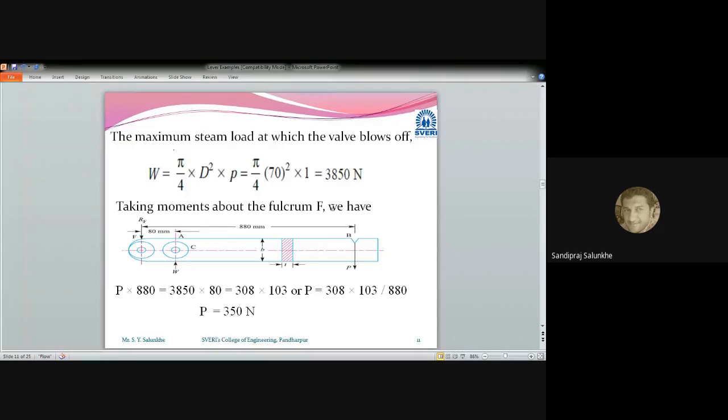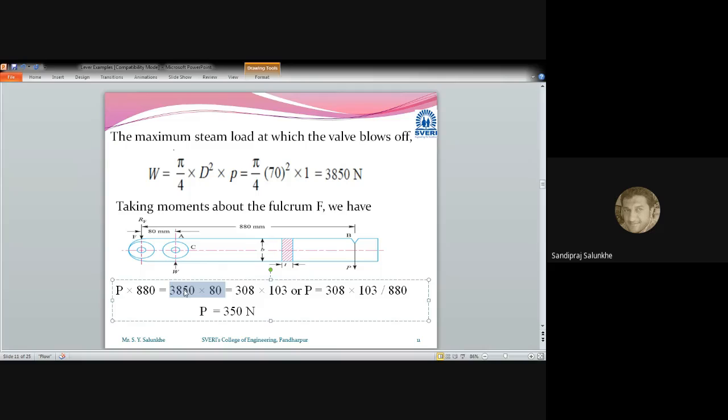Once this W is calculated, we can calculate this P also, because we know the formula that P into its distance from fulcrum, that is this effort multiplied by distance from fulcrum, is equal to W into its distance from fulcrum. That is the external force which is acting on lever.